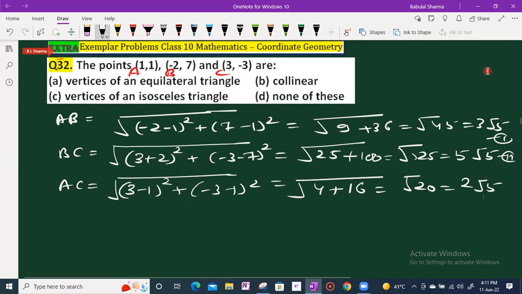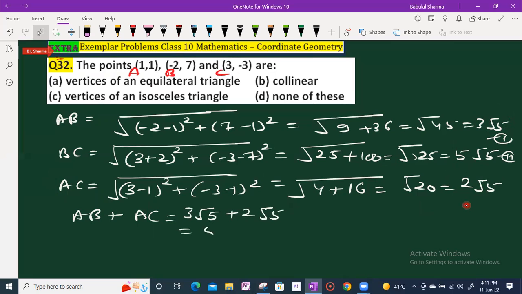So here we observe that AB plus AC, दोनों smaller sides को हम ऐड करते हैं. देखिए AB is 3 root 5 and AC is 2 root 5. Their sum is 3 root 5 plus 2 root 5, that is 5 root 5, and that is BC.